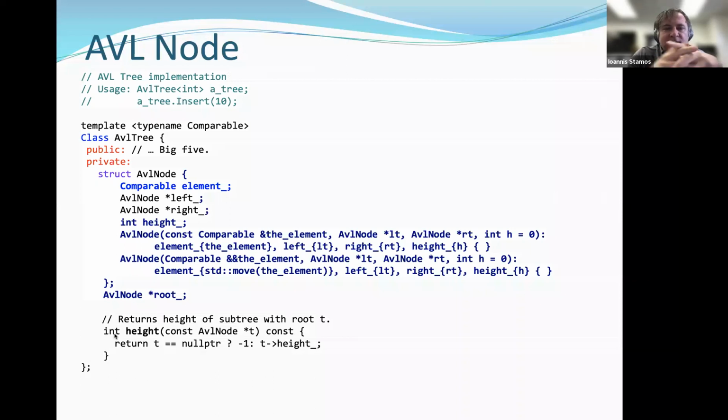And if you want to return the height of the node, as you see here, we have a routine that tells you that the height of a node is either what is stored on the node, height underscore, or if the node is null, we make the assumption that the height is -1. Okay, that's our assumption.